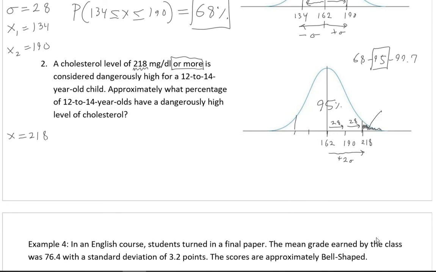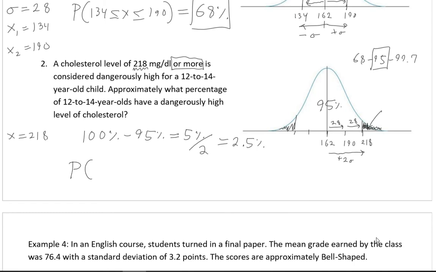And I want this tail. So we should be able to take the full curve, which is 100%, subtract away 95% from the center, and we find that there's 5% in the two tails together. So this tail on the right and this tail on the left. Cut that in half, we get an answer of 2.5%.